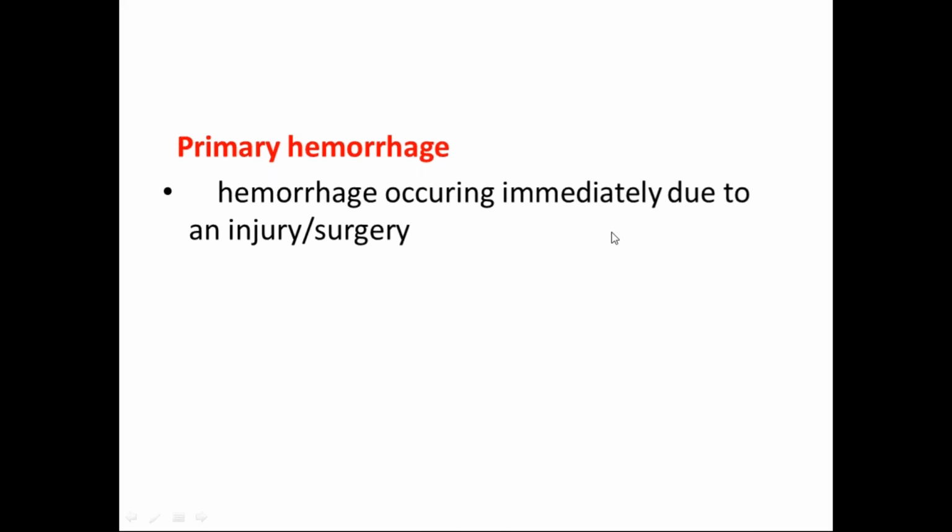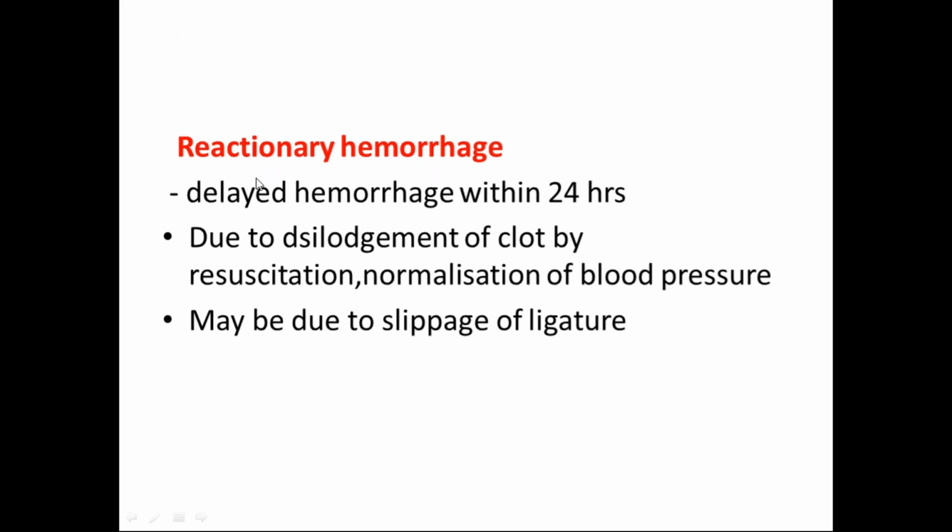Next, another classification is primary hemorrhage, reactionary hemorrhage, and secondary hemorrhage. What is primary hemorrhage? Hemorrhage occurring immediately during an injury or surgery is primary hemorrhage. Reactionary hemorrhage is delayed hemorrhage within 24 hours, due to dislodgement of clot by resuscitation, normalization of blood pressure, or it may be because of slippage of ligature.